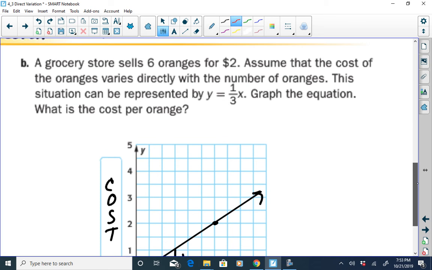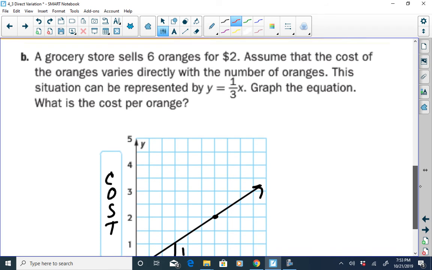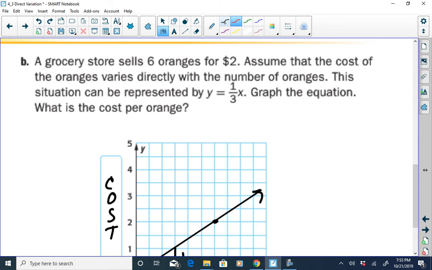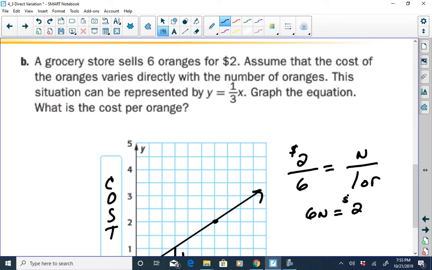Reset. So I know if 6 oranges cost $2, I want to know the cost for 1 orange. So let's do it this way. $2 for 6 oranges. We need the cost for 1 orange. So we're looking for that value there. That means we'd have the equation 6 times n is equal to $2.